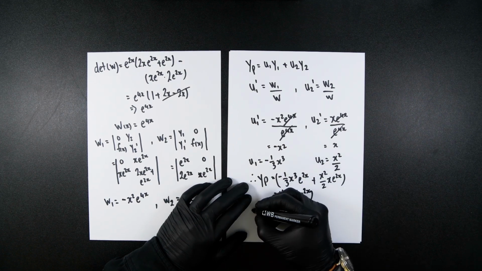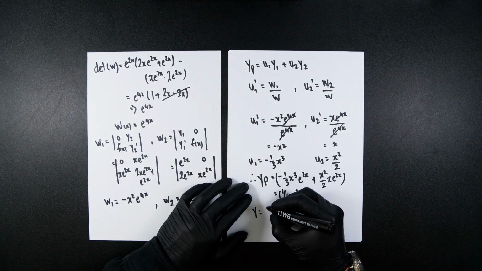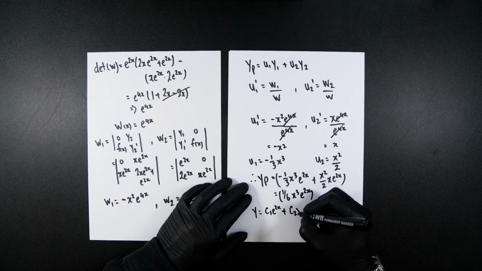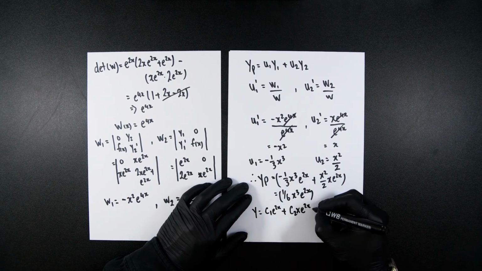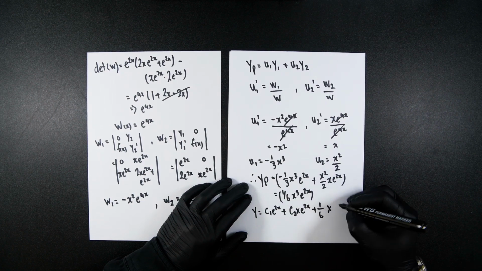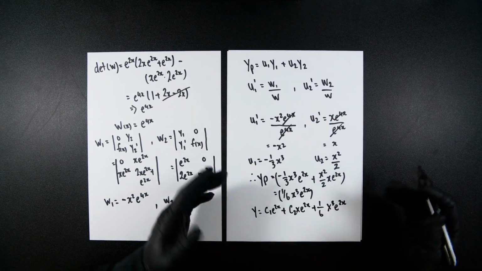So y would then be yc, which was c1 e to the 2x plus c2 x e to the 2x, plus, and we add this yp, a sixth x cubed e to the 2x. You could leave it like that.